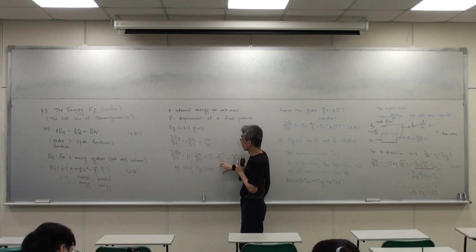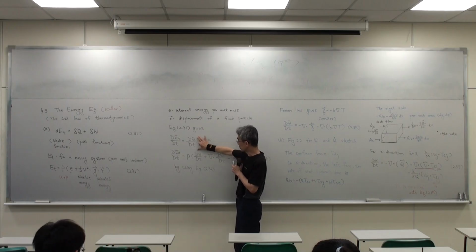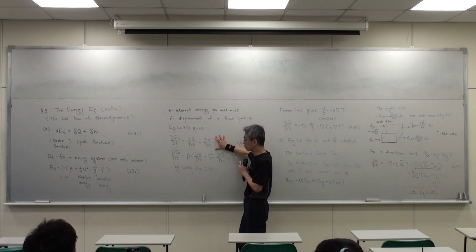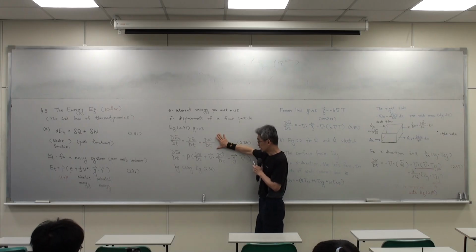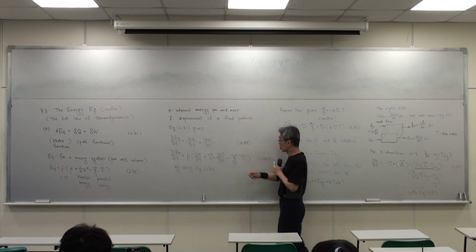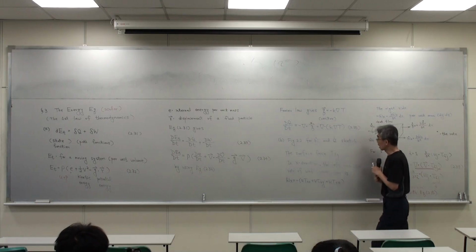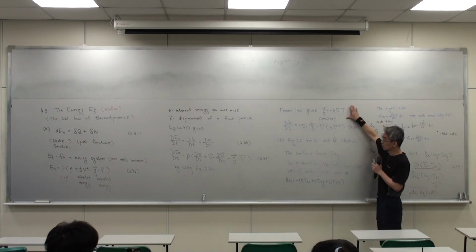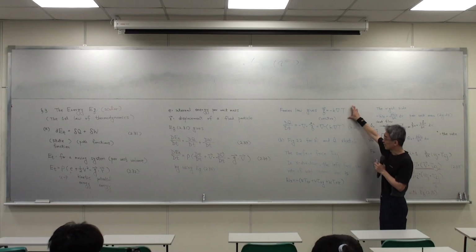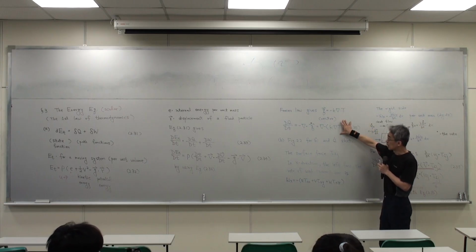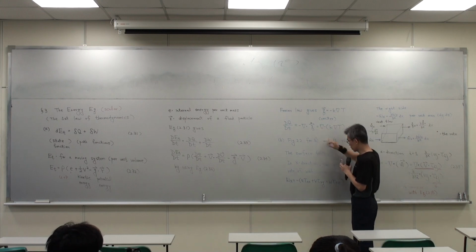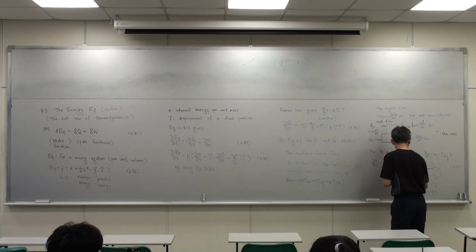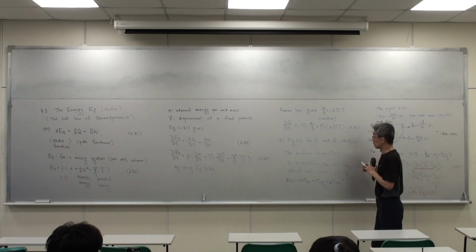heat is due to the temperature difference and work is due to the external force. So if we write down that component, the heat is given by the Fourier law, so we can write it down like this. Here I use a dot to represent the rate.